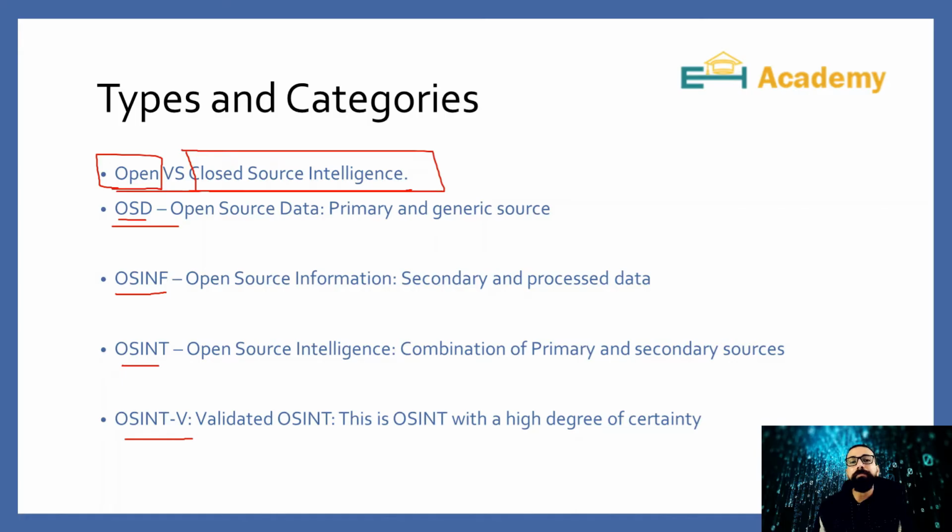OSINT can be defined in a nutshell as the output of open source material processing. And then we have OSINT-V, which is also known as validated OSINT. This is OSINT with a high degree of certainty. The data should be confirmed or verified using a non-OSINT source or a highly reputable OSINT source.